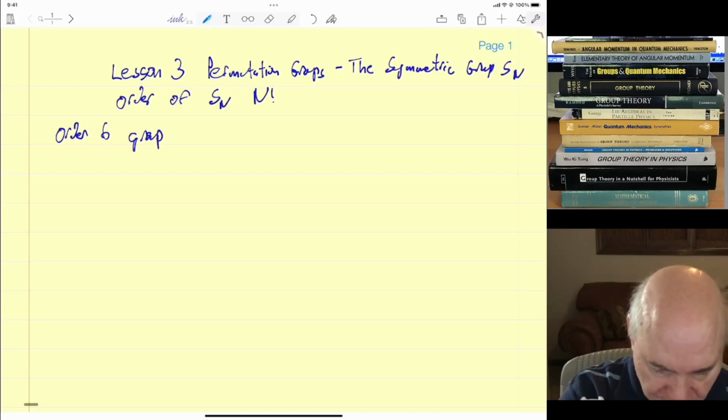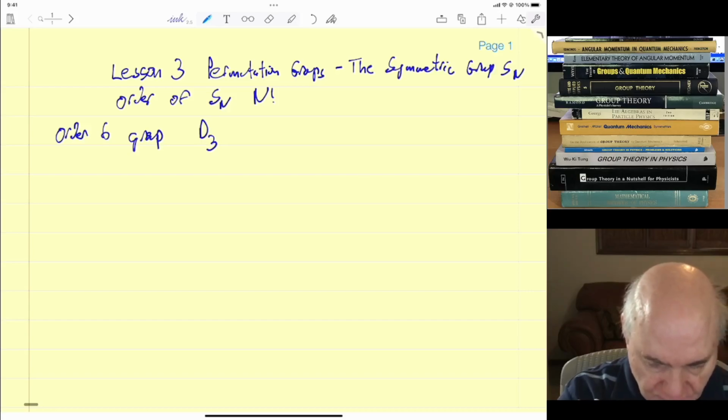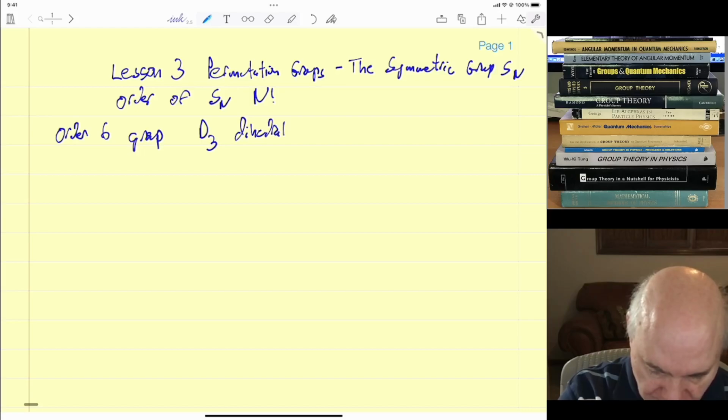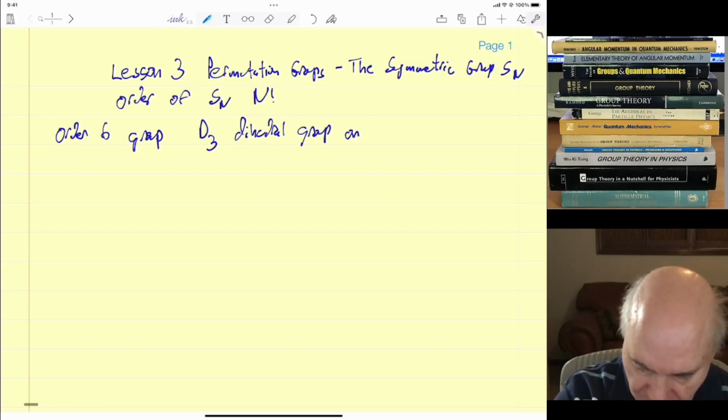Now, last time we finished with a discussion of an order 6 group, just to review, and we called it D3, for the dihedral group on 3 elements. It's actually the dihedral group on an equilateral triangle.